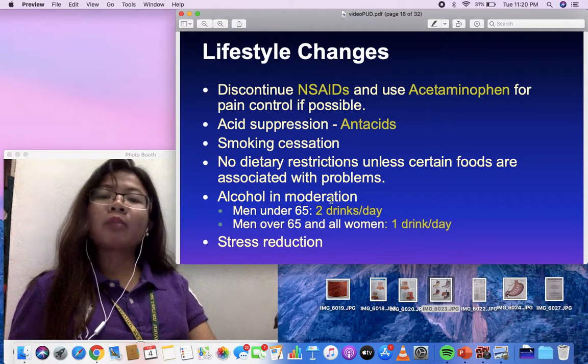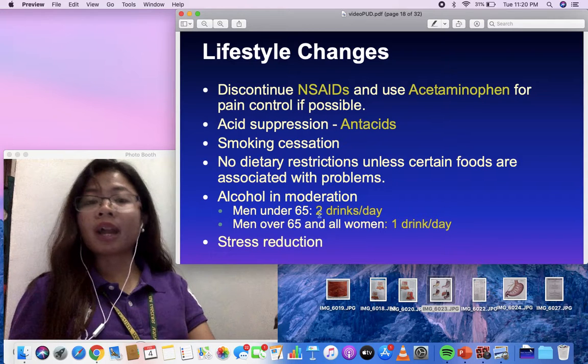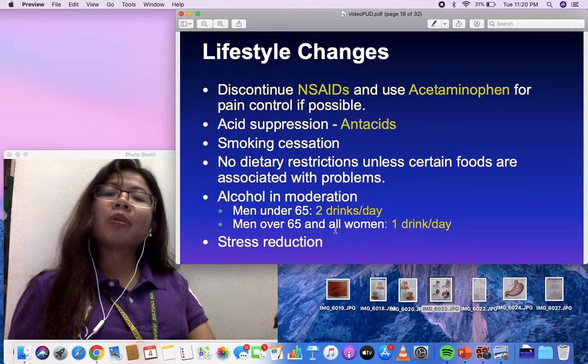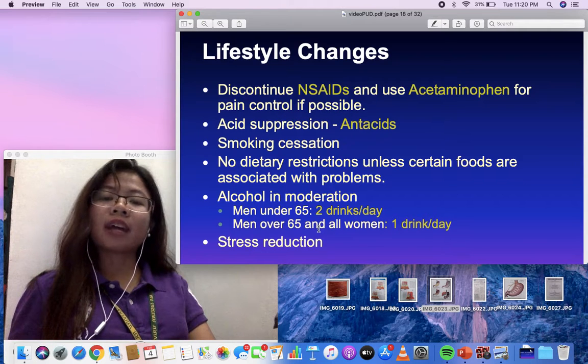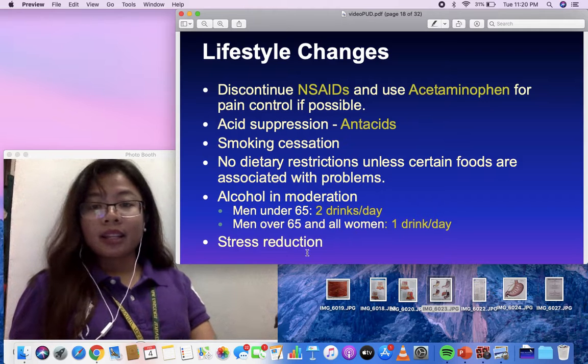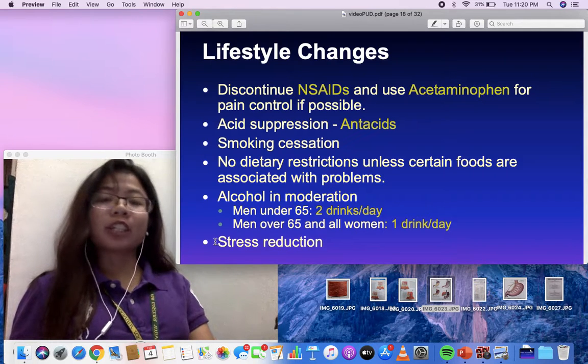Then alcohol in moderation: for men under 65, 2 drinks per day. Men over 65 and all women, 1 drink per day. Lastly is the stress reduction.